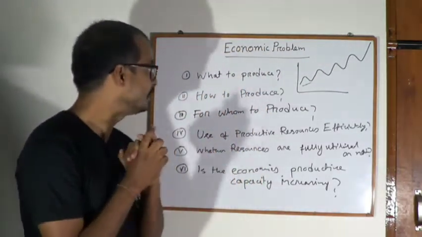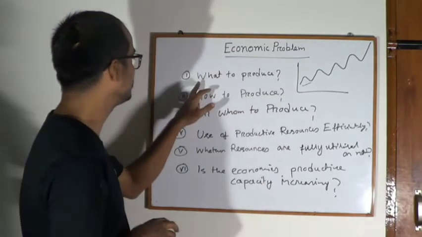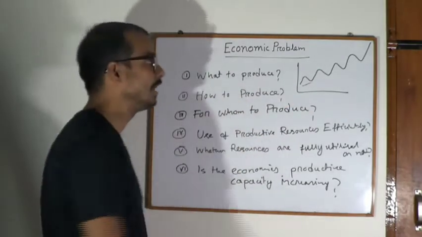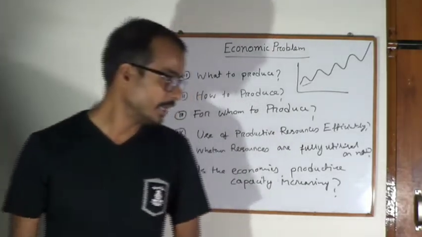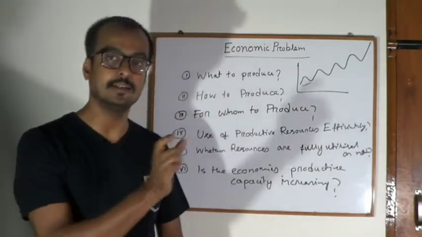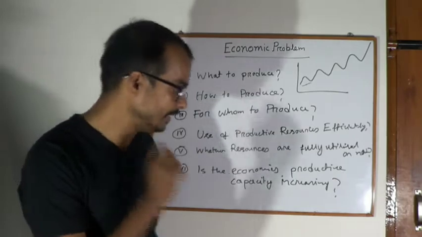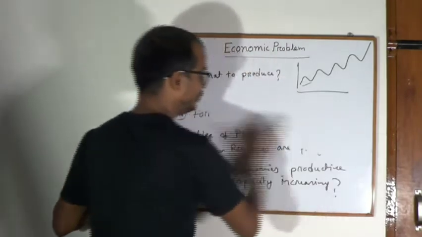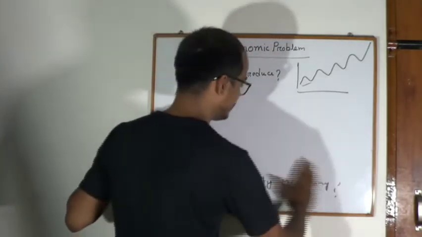If I forgot, one thing must be mentioned here: what to produce. Let me go back to this first point. I told you what to produce. There is another thing related to that: what to produce and in what quantity. What does it mean? With this, I will be finishing today's class.